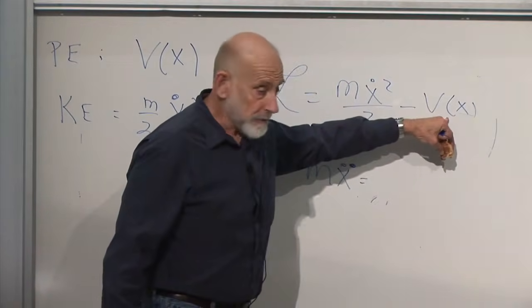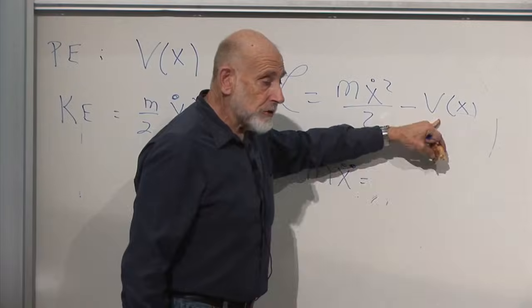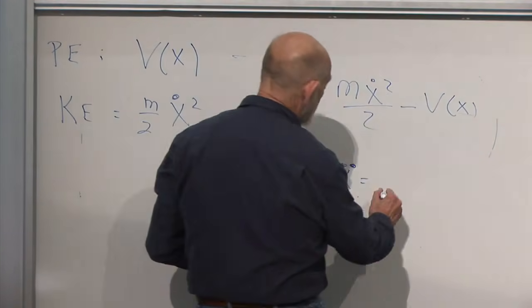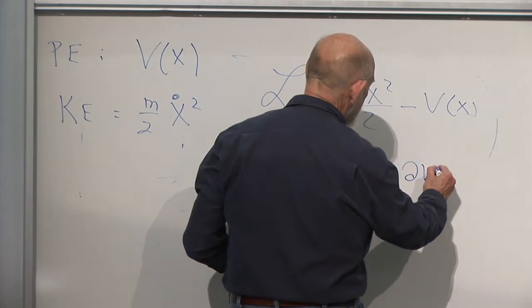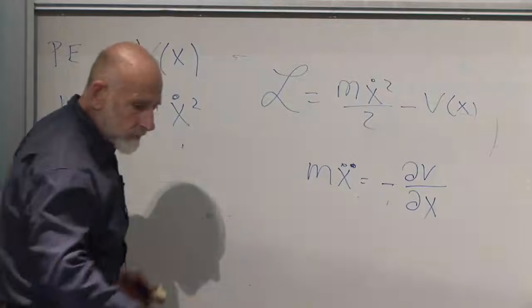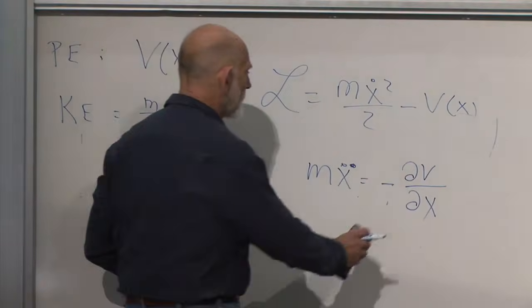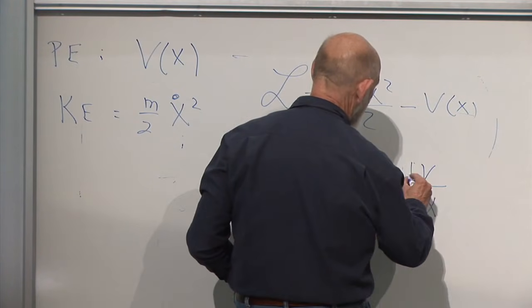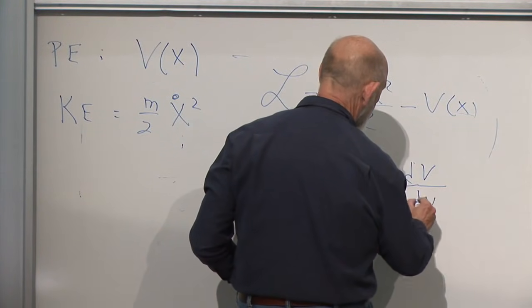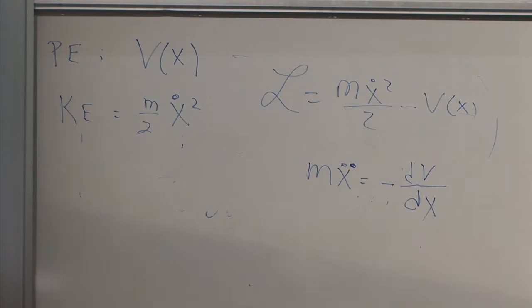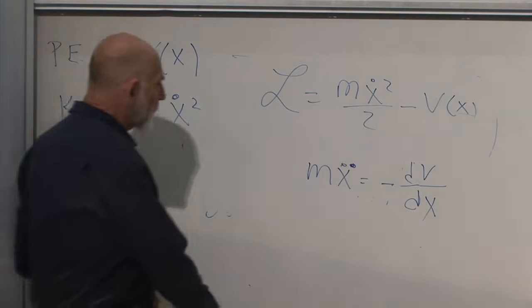Here's the x dependence. dL by dx is minus, because of this minus sign, is equal to minus dV by dx, or just the ordinary derivative of V with respect to x. Well, if you remember, this is nothing but Newton's equations.